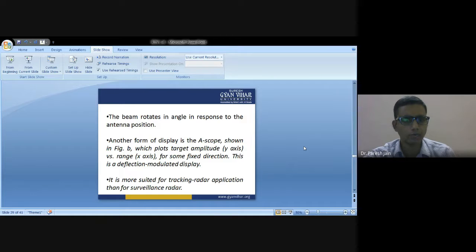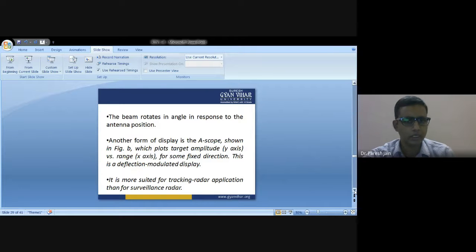Another form of display is the A scope shown in figure B, which plots the target amplitude in the y-axis versus range in the x-axis. For some fixed direction, this is a deflection modulated display.